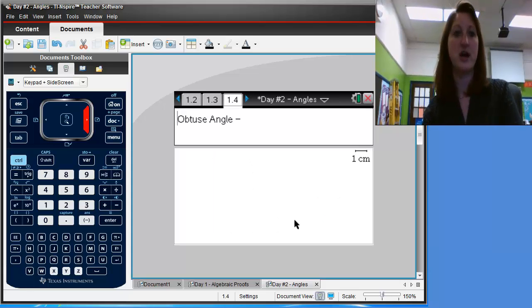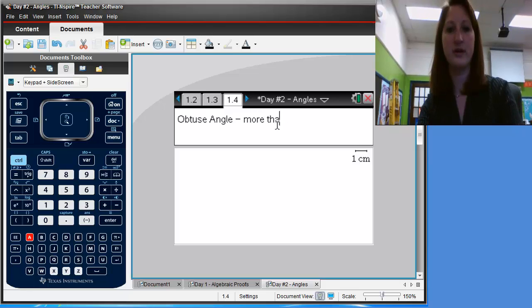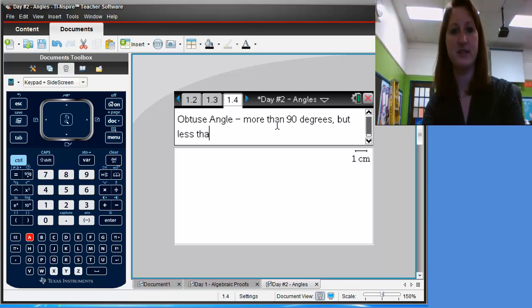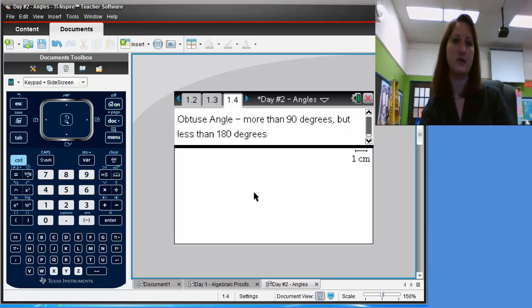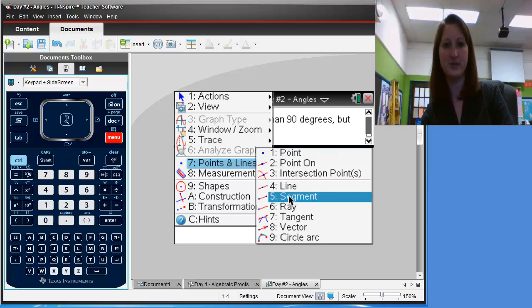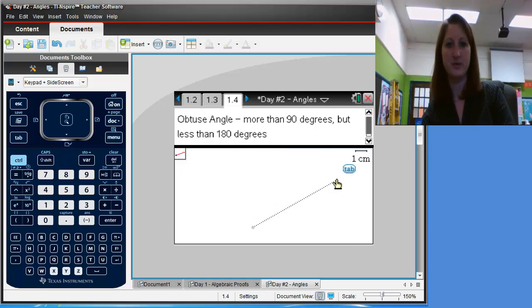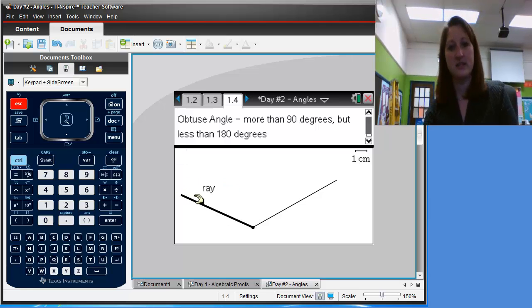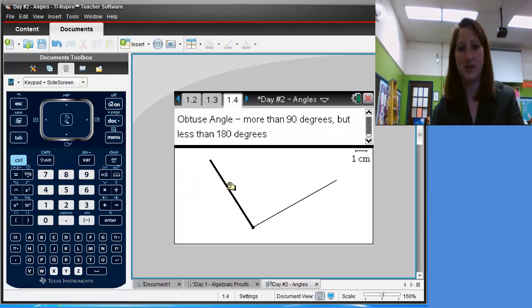On the next page, an obtuse angle is an angle that measures more than 90 degrees, but less than 180 degrees. So again, let's start to build an angle. We'll put a ray on our page. Start with one ray, then we'll put another ray, and we want to move the second ray so that it's more than 90.